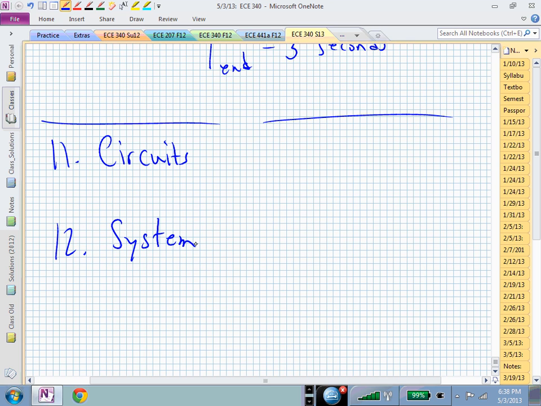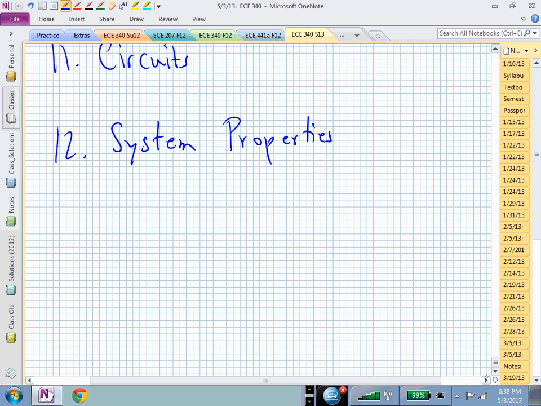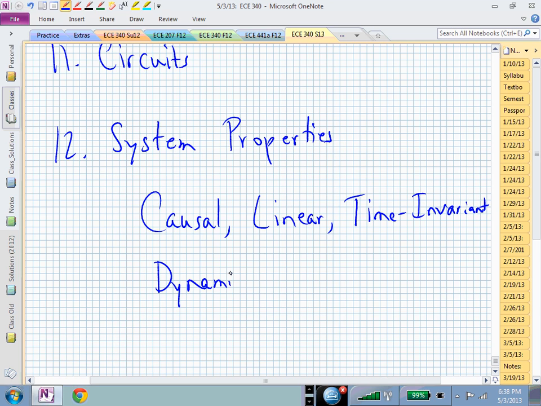Given a system of equations or a differential equation or some relationship between input and output, you should be able to talk about system properties, whether that's a causal system, whether it's linear or nonlinear, whether it's time invariant, whether the relationship gives you a dynamic system, and what's the system order.